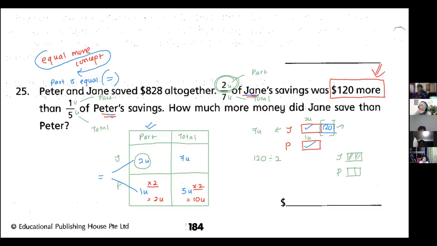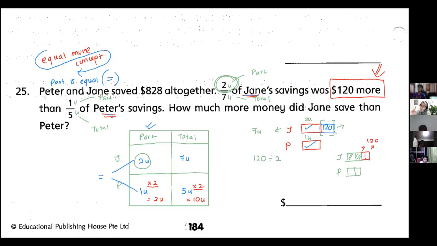This is 2 units of Jane's, and this is 2 units of Peter's. It's 120 more. So if I want to include it, there is this two portion here, and this two portion is 120. Sorry, it equates to a total of 120. These two add up to 120.